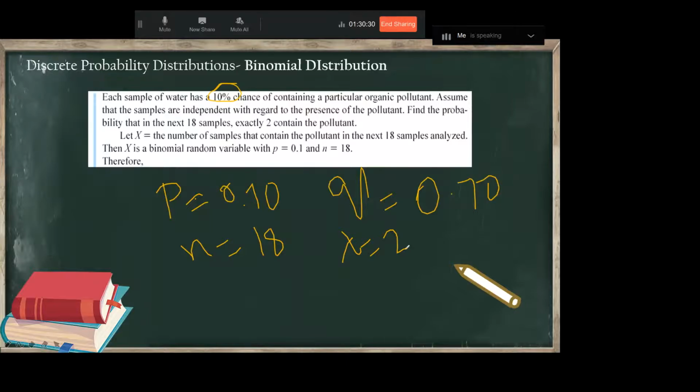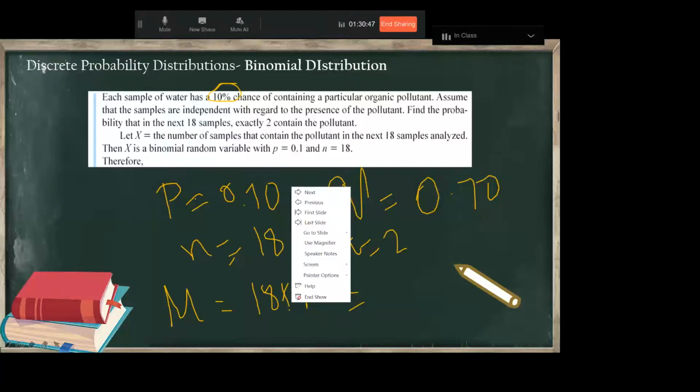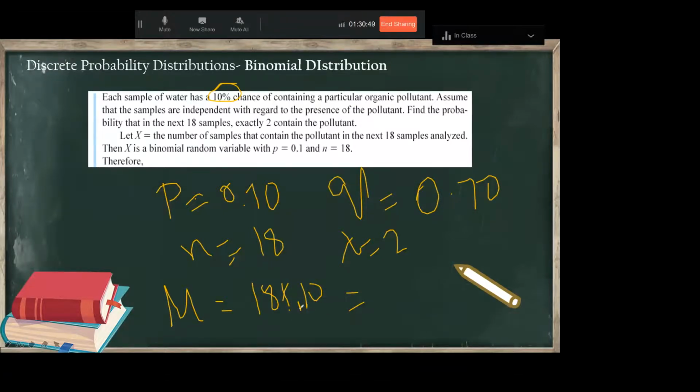Now what is the mean? You tell me, what is the mean in binomial? The mean will be 18 times 0.10. So here mu is 18 times 0.10, which means how much? 1.8, I think so.